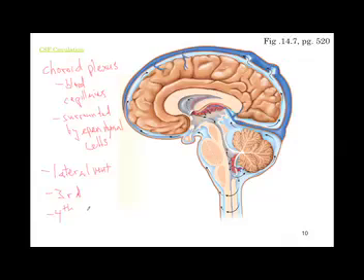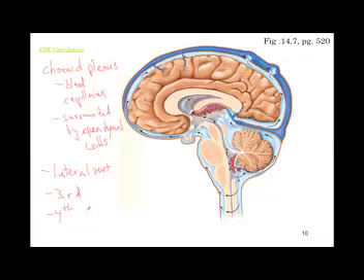And we also find the choroid plexuses in the fourth ventricle. So there's three different places where the cerebrospinal fluid is made.